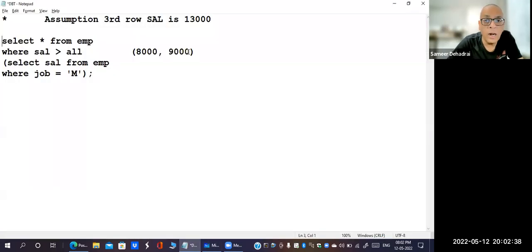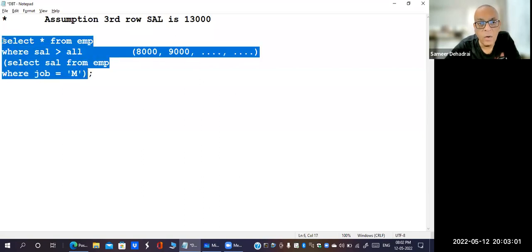What if I had 200 managers? Then subquery returns 200 values, and then in the main query, comparison is done with 200 values. That will be slow.